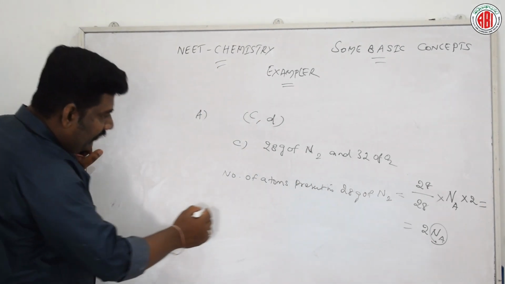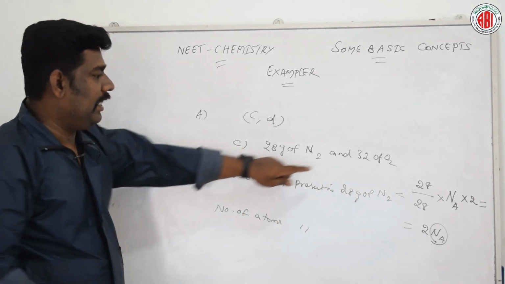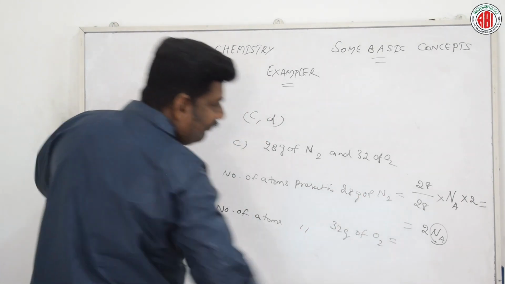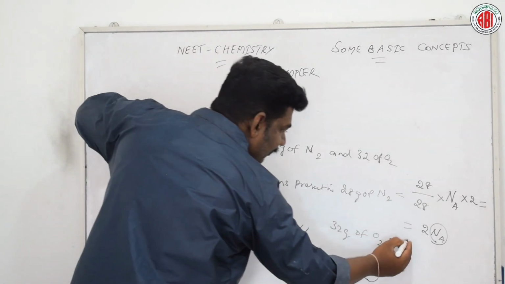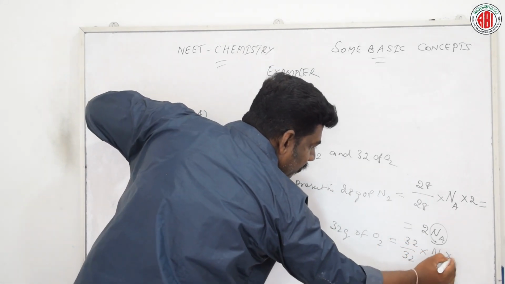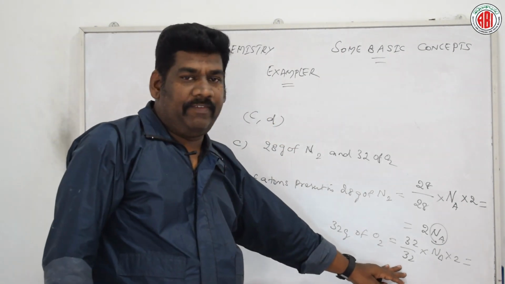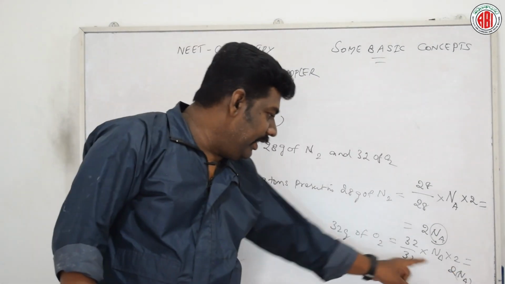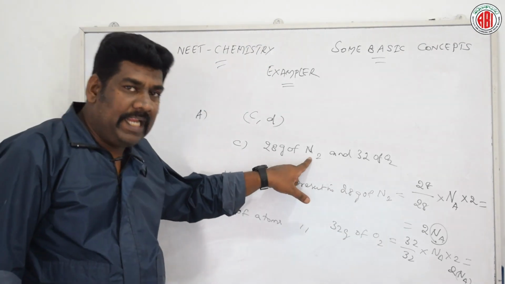Similarly, the number of atoms present in the second one, 32 gram of oxygen: we write the same way, 32 by 32 into Na into 2, and the product is again 2Na. Why 2? The number of atoms in oxygen is 2, and in nitrogen it is also 2.